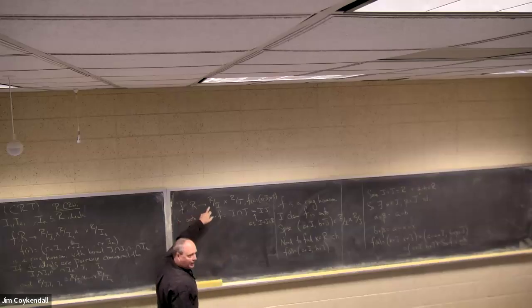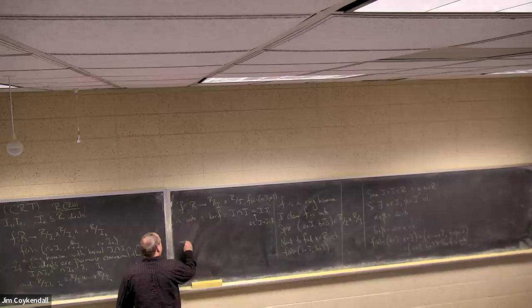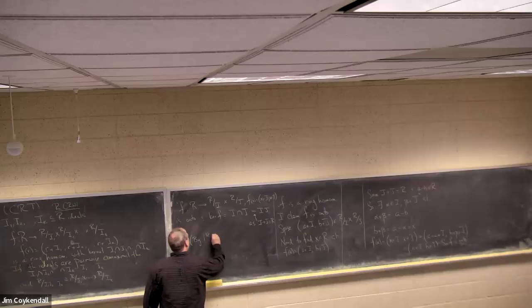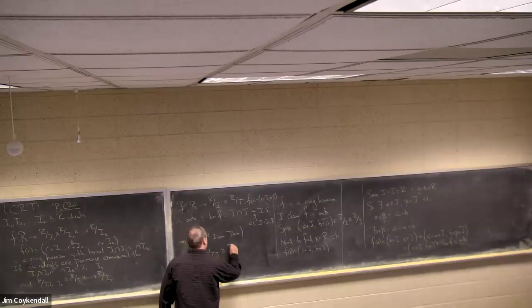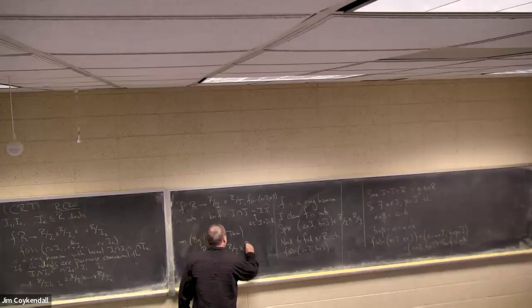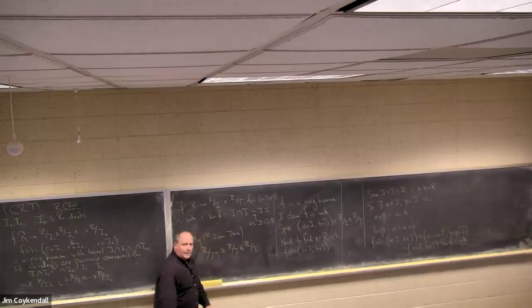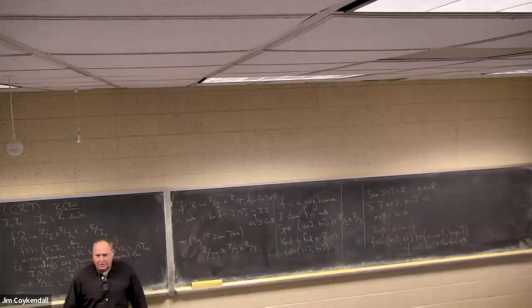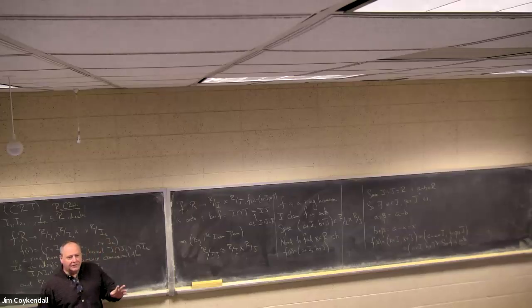And so, since this is onto and the kernel is IJ, this implies by the first isomorphism theorem that R mod IJ is isomorphic to R mod I cross R mod J. Everybody okay? That is the case for two ideals.